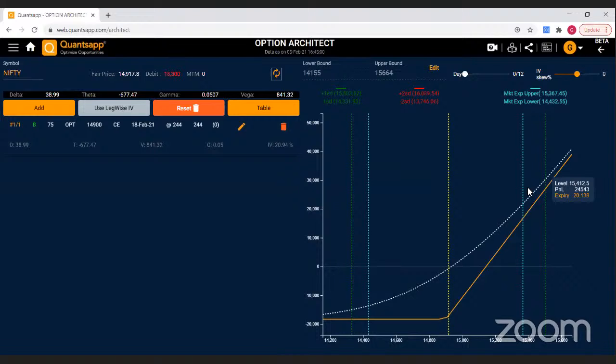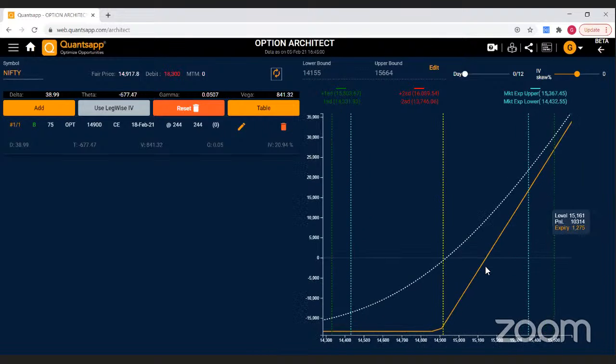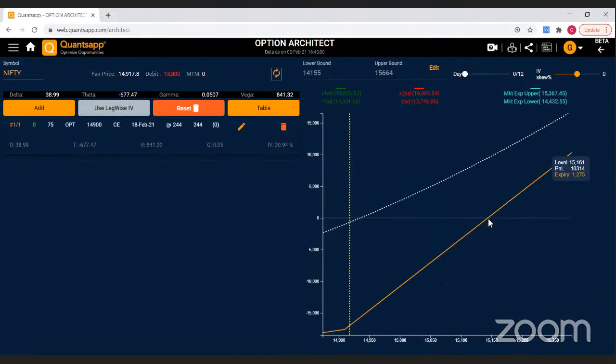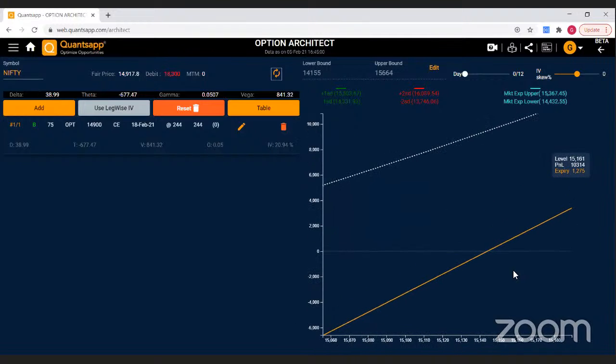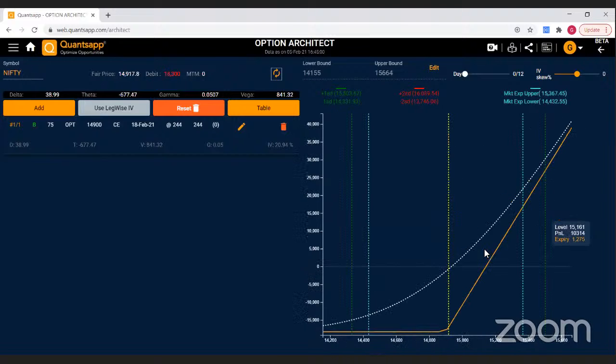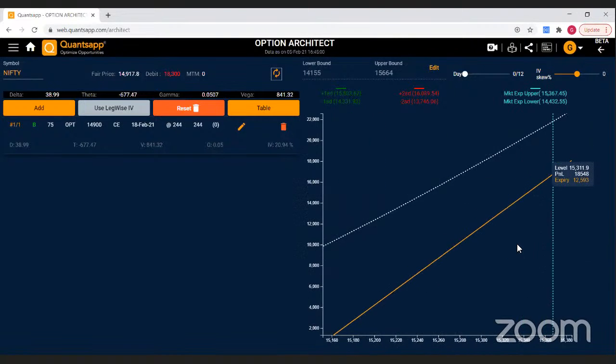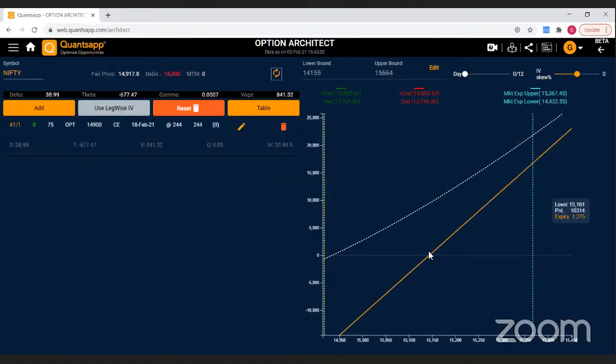If I say this is my strategy, I can see the break even point is somewhere around 15,150. If I zoom in, 15,145 somewhere. And I'll tell you the calculation as well, how we have calculated it. In layman's words, suppose I don't know how to calculate the break even point, but I want to see what it is.